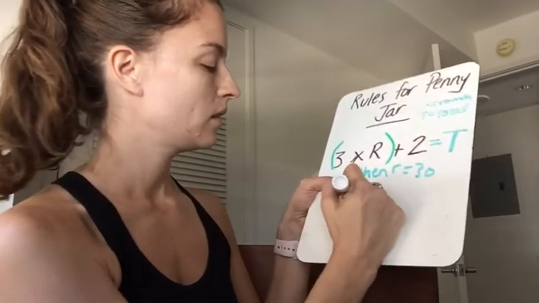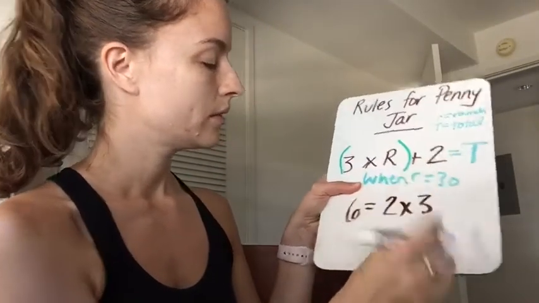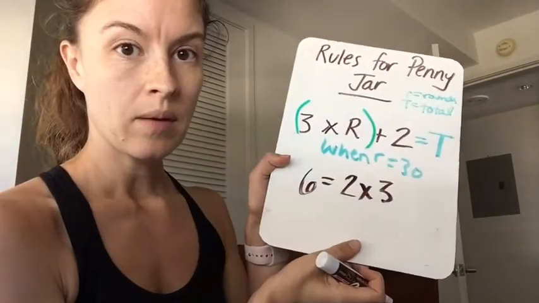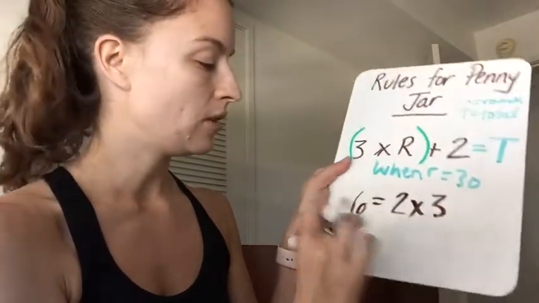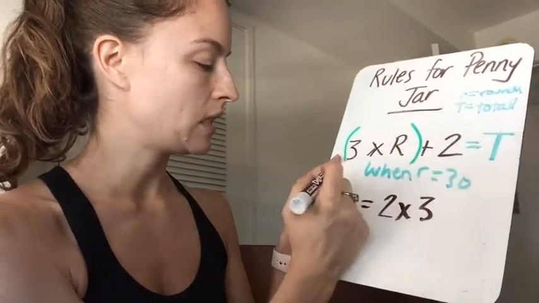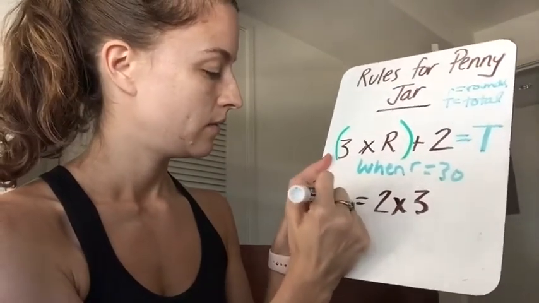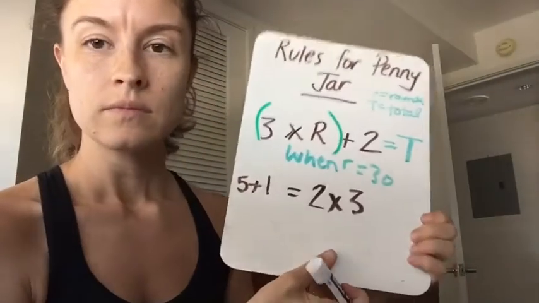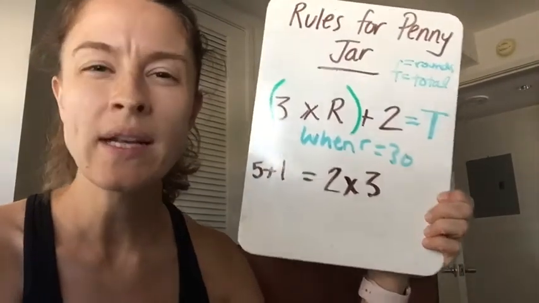So if that feels confusing to you, just remember, you can do this, right? 6 equals 2 times 3, and you can have the answer in the beginning, or you could go like this. Now, why does that make sense?